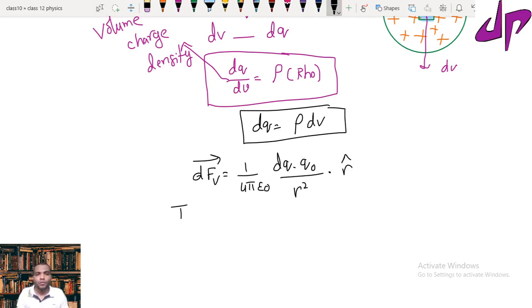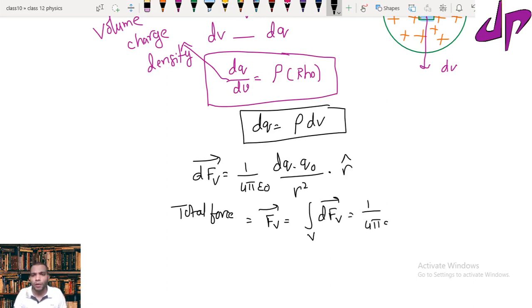To find the total force we need to do integration, that is F suffix V equal to integral dFv. This we can call a volume integral. Taking 1 over 4 pi epsilon naught out of the integration, we get integral dQ times Q naught upon r square times r roof.